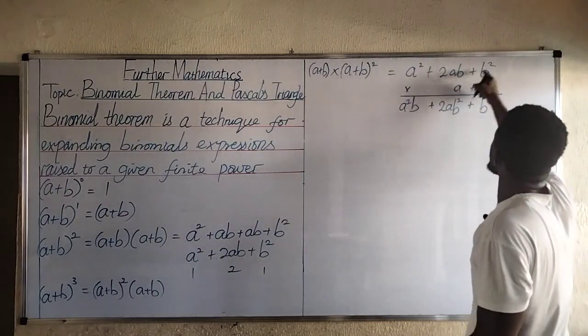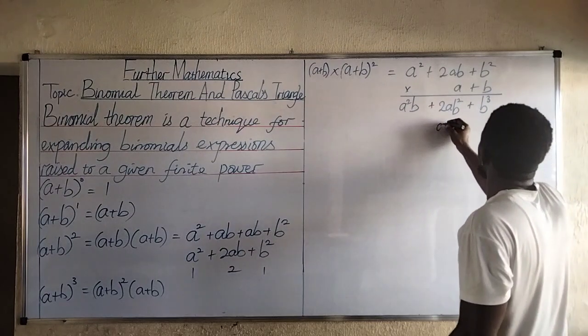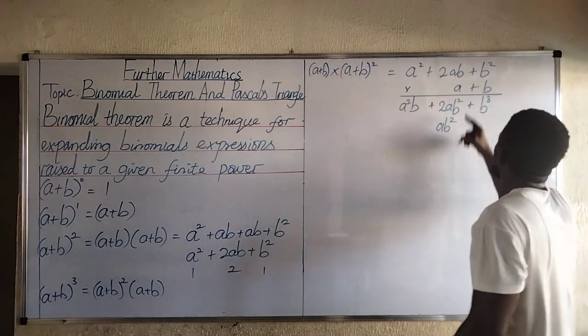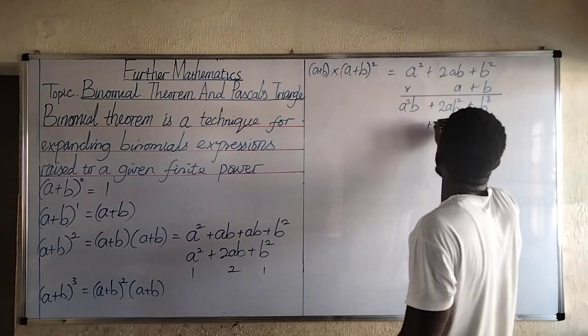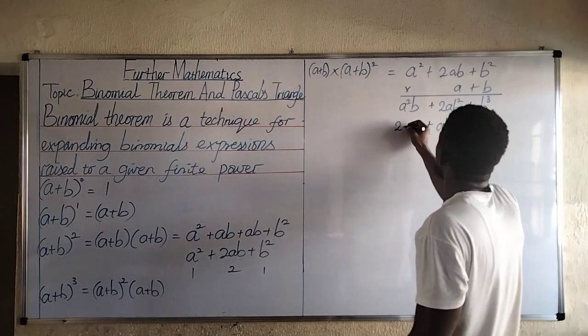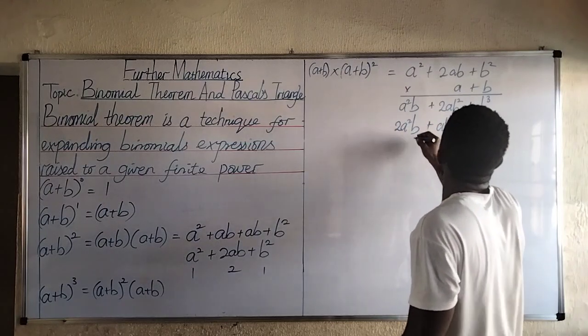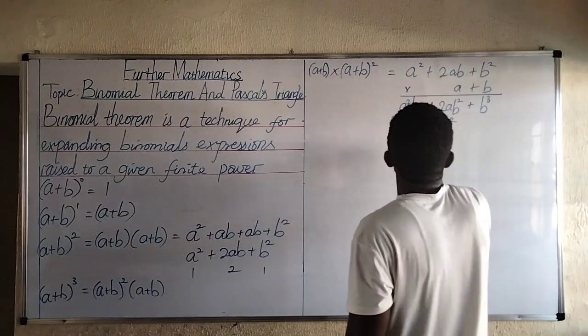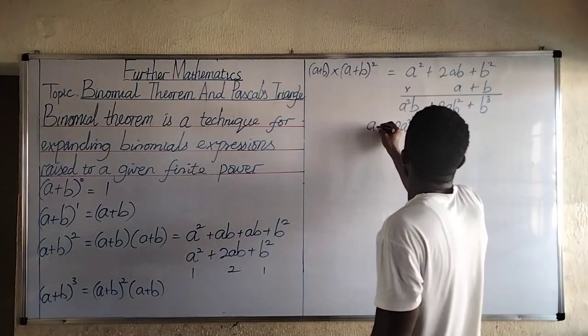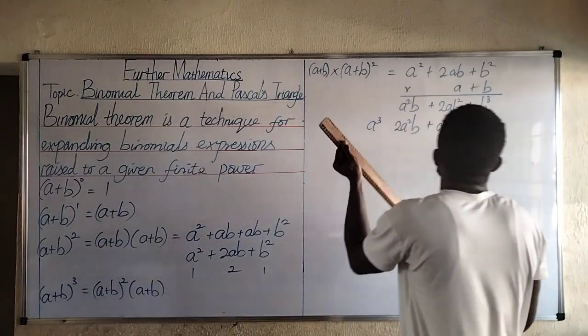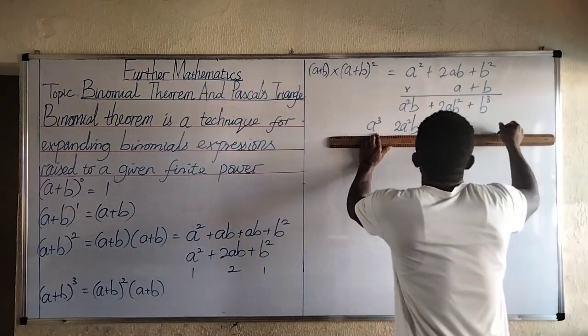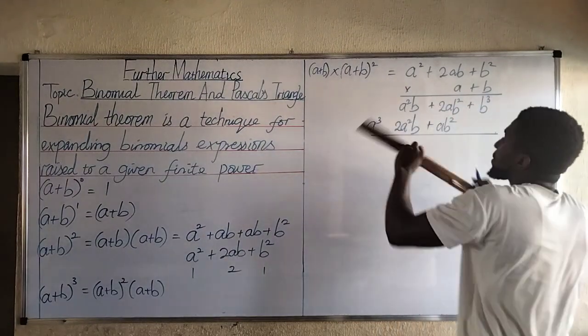a times b squared will give us ab squared. a times 2ab gives us plus 2a squared b. a times a squared gives us a cubed, and that is a raised to the power 3. So when we add this up, let's see what we get.